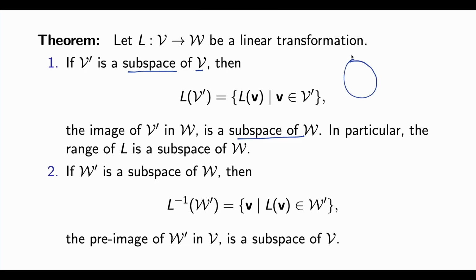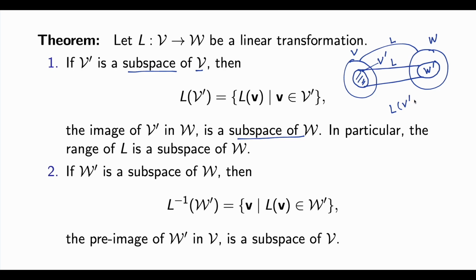If you have V and V dash, and a linear transformation to W and W dash, then V dash, a subspace of V, maps through the linear transformation L. L of V dash means all those vectors in V that map to a subset of W called W dash.